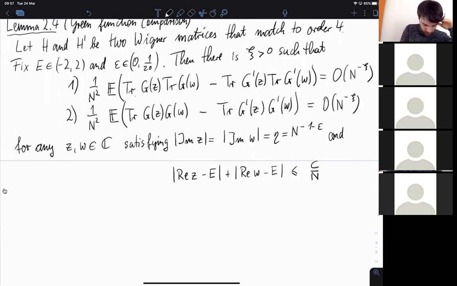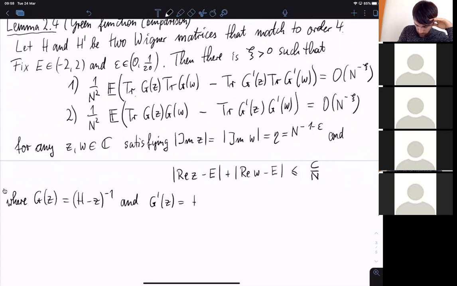I'll give you time to take a picture in a second. And the G is, as before, the resolvent of H, and the G prime is the resolvent of H prime. So yeah, these are just definitions.